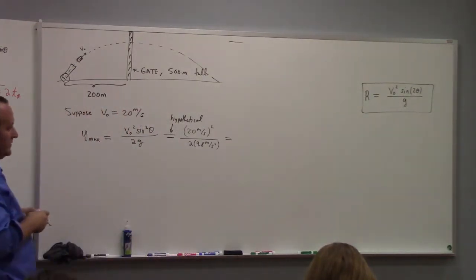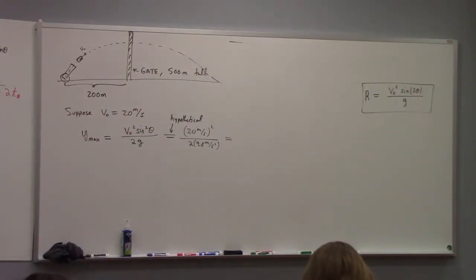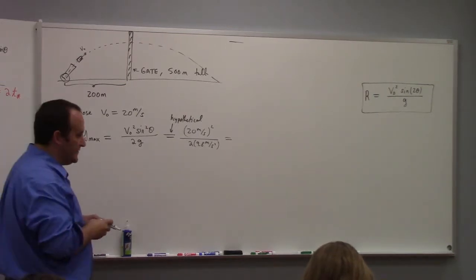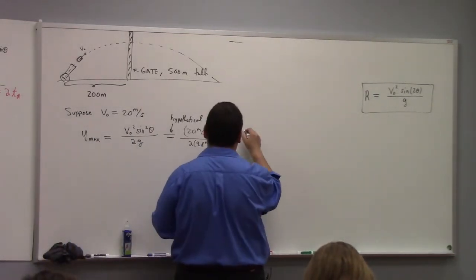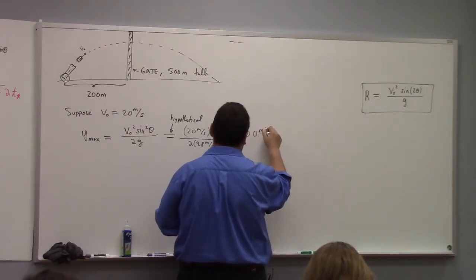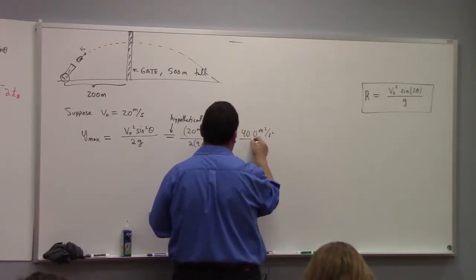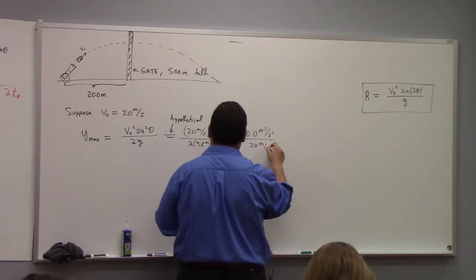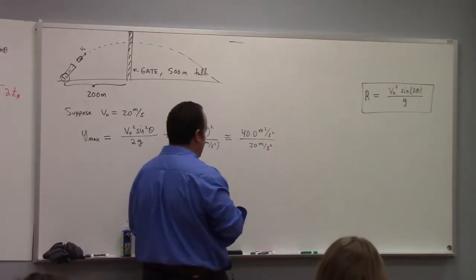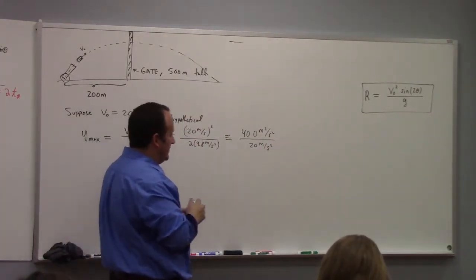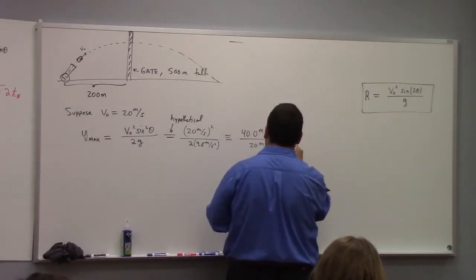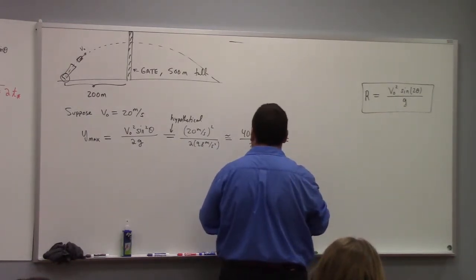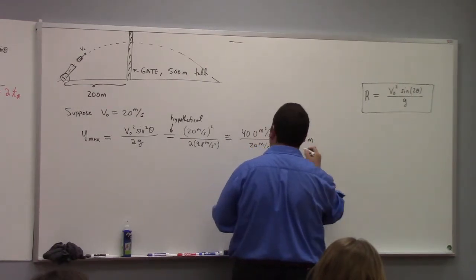We've got 400 meters squared per second squared in the numerator, divided by about 20 meters per second squared downstairs. This is just an approximate calculation anyway, so I might as well be a little bit sloppy. And what does that give you? Well, it looks like 20 meters.